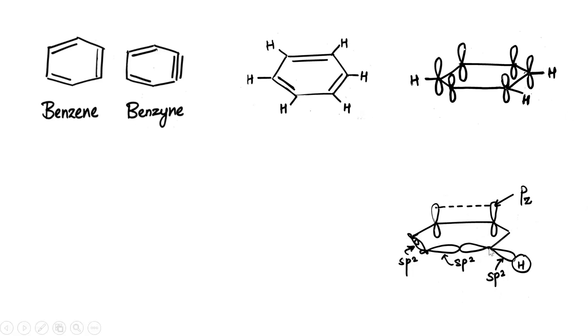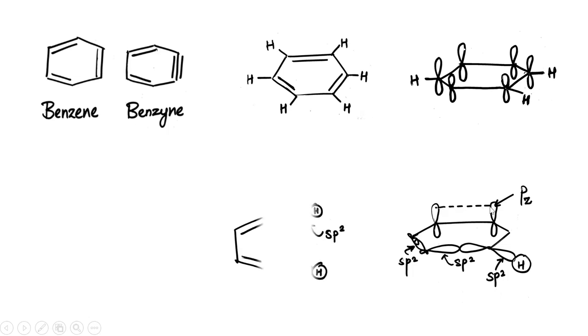Suppose in the case of this carbon atom, it's joined with this carbon atom with an sp2 hybridized orbital, the second carbon atom with this sp2 hybridized orbital, and the third sp2 hybridized orbital is joined with this hydrogen. And the unhybridized pz orbital will be present here. As it is perpendicular to the plane, these pz orbitals are responsible for the pi bonding, right?